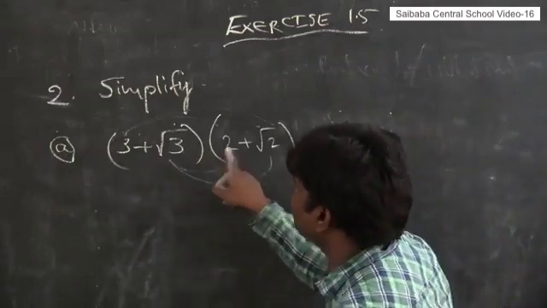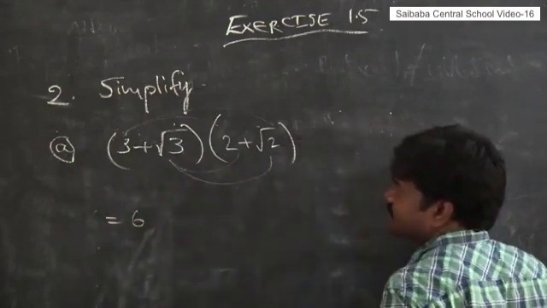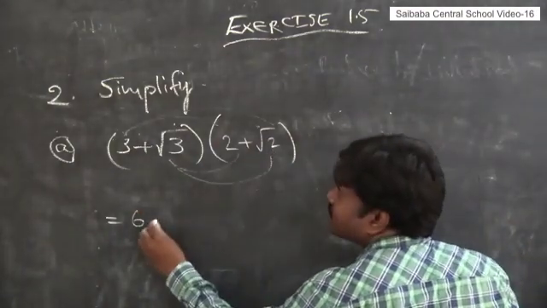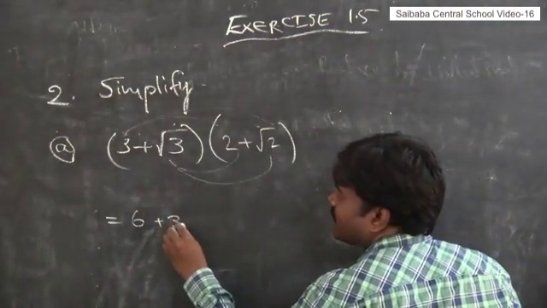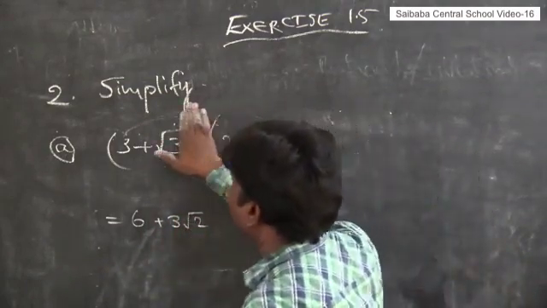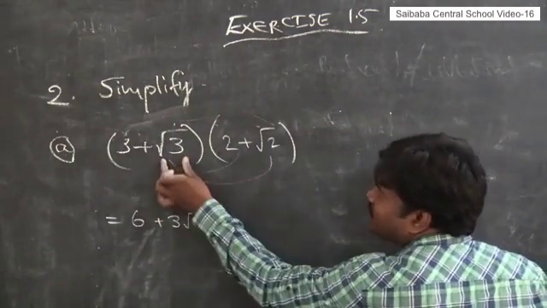First 3 into 2 is 6. Next, again multiplication with 3: 3 into root 2 is 3 root 2. Upper part finished. Now root 3 into this one and root 3 into this one.